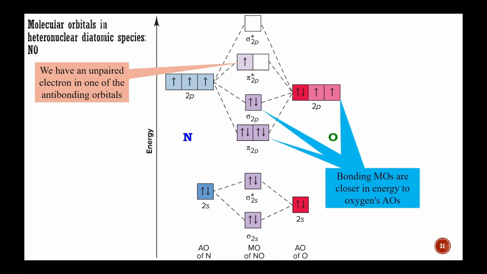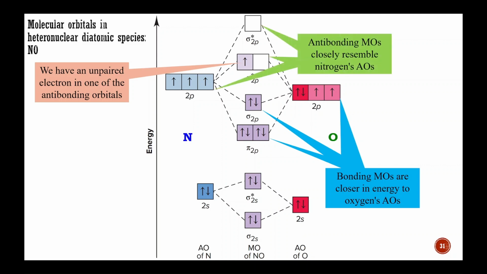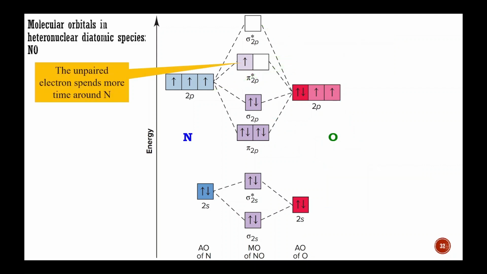The result is that the bonding molecular orbital more closely resembles the atomic orbital of the more electronegative atom, and the antibonding molecular orbital more closely resembles the atomic orbital of the less electronegative atom. In other words, the electron density in the resulting bonding molecular orbital is greater in the vicinity of the more electronegative atom, in this case oxygen.